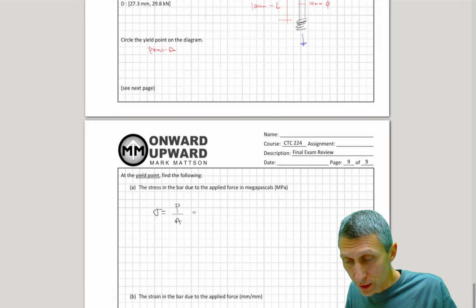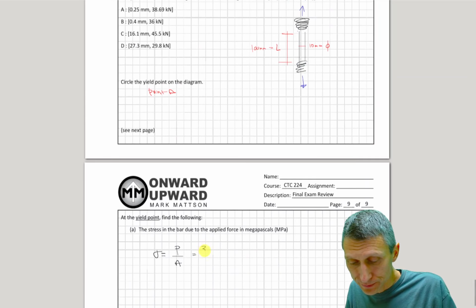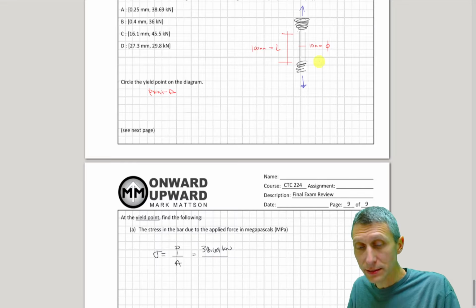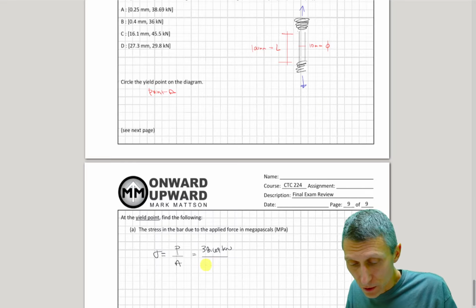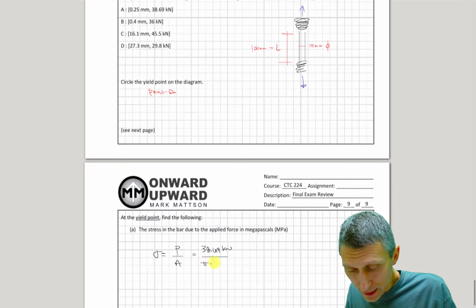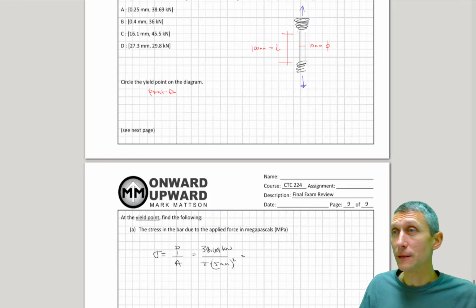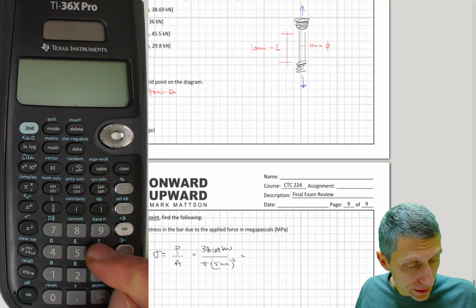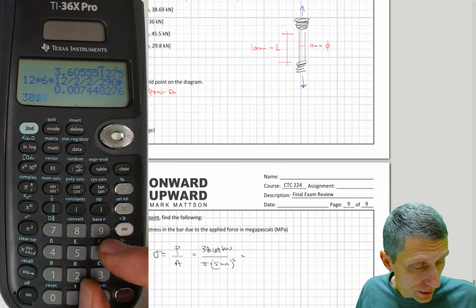So what was my force? It was 38.69 kilonewtons divided by my area. The area is going to be the area of this original bar, so pi times 5 millimeters squared, and that's going to be my stress. So what do I have? 38.69.